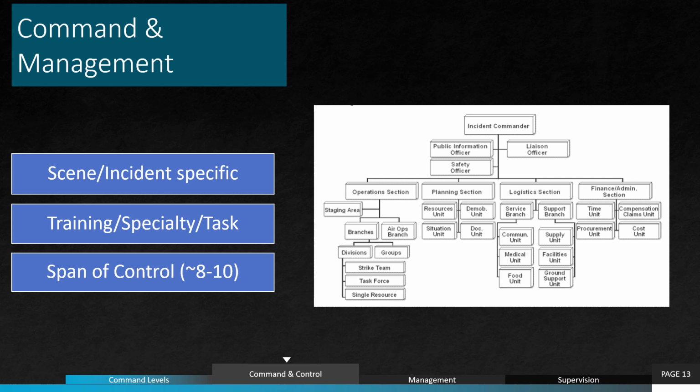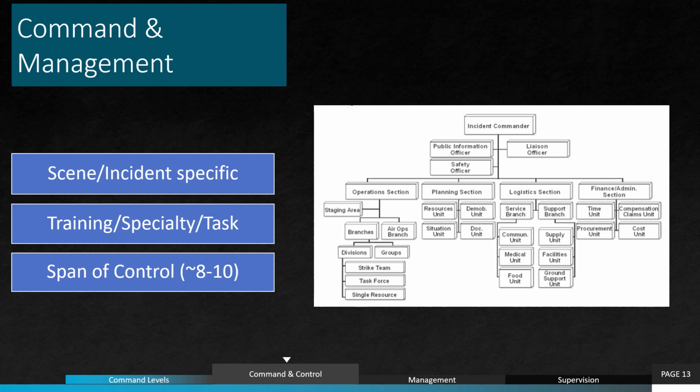To help illustrate that, we have the incident command structure, the ICS, which is recognized by FEMA as being really the ideal command structure for completing any kind of incident management. So you have your incident commander there at the top, but you're also going to have different sections. You'll see there's operations section, planning, logistics, finance.